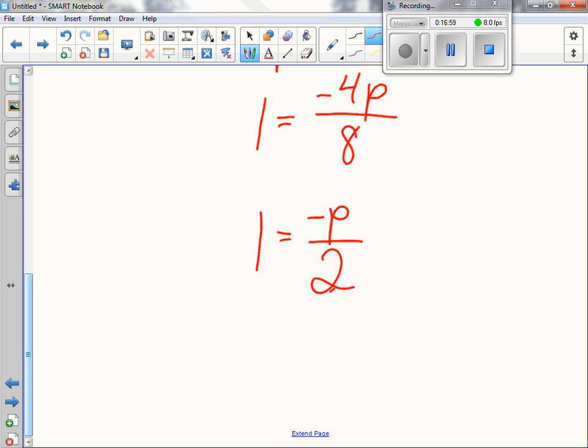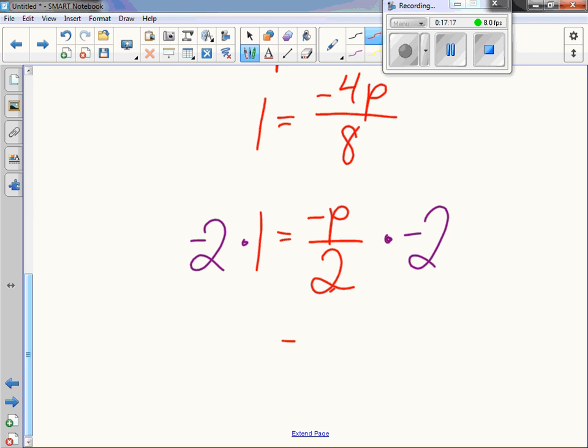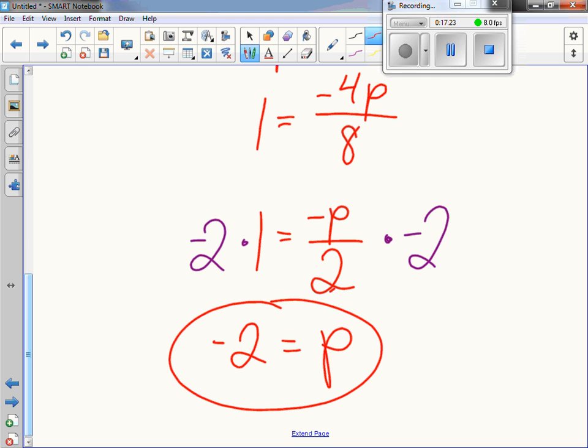And then what do we do next? Not just 2, but -2, because we don't want to know the value of -p, we want to know the value of positive p. Because our negative and negative will make a positive and give us -2 for p.